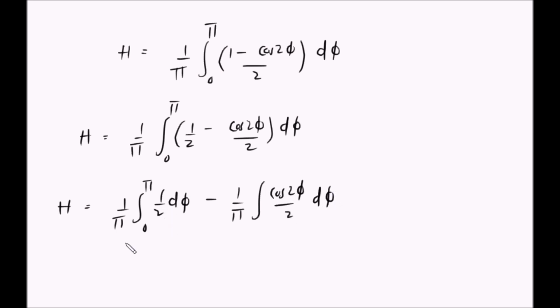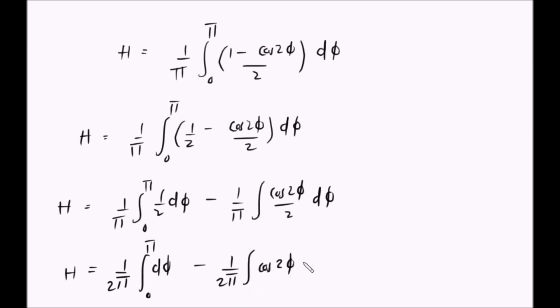So take 1 over 2 outside, it is a constant. Our mean value will be 1 over 2 pi, so integrate d psi from 0 to pi minus 1 over 2 pi cos 2 psi d psi. So here I have taken this 2 outside. So integrating is easy.